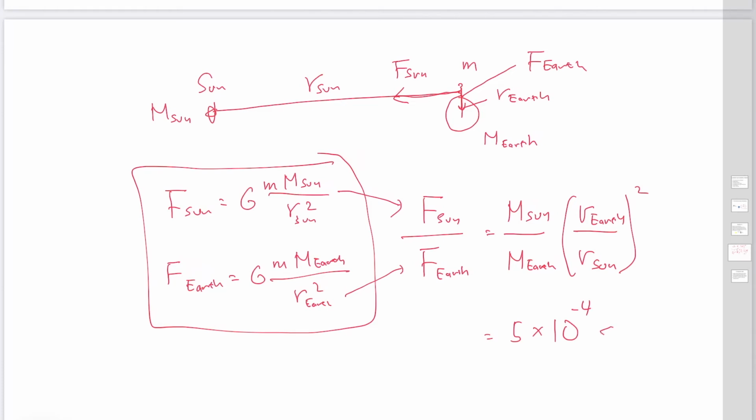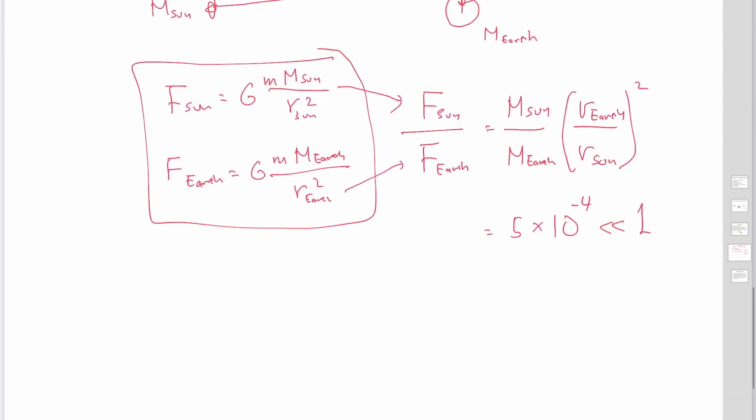So this is much smaller than 1. So this means you can find that F sub sun is much smaller than F sub earth. So the gravitational force from the earth is much stronger than the gravitational force from the sun. So we are strongly bound by the earth's gravity.